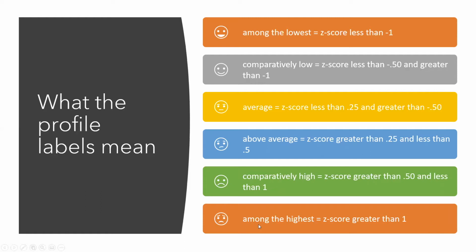Our communities that are among the highest risk have a lot of CPS involvement within them, and they rank high on almost every single one of our risk profiles. Our comparatively high zip codes are the ones where we start seeing differentiation across the risk profile. And what we see within an entire metropolitan area, for example the entire Dallas area, in these comparatively high zip codes can help inform how we can help these zip codes that have the highest risk that we see.